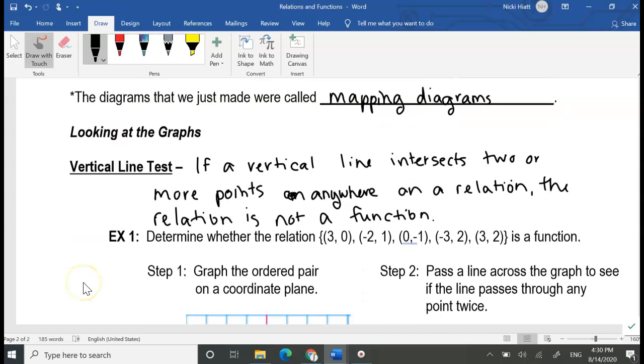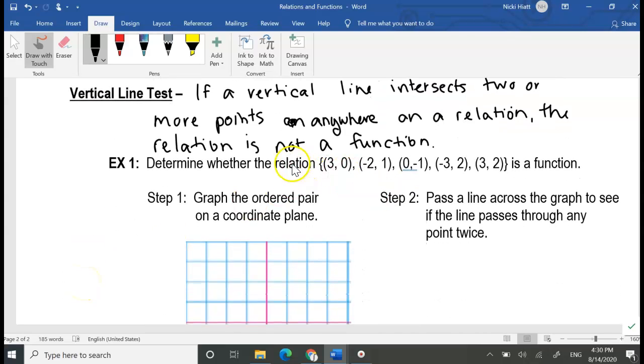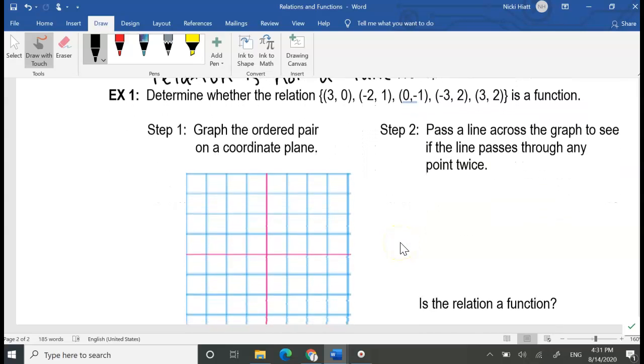So if we look at this list right here, now you might prefer to make a mapping diagram. You may just go ahead and look through the list here and see that, right here, 3, 0 and 3, 2 are both in the list, so that x is repeated, so this is probably not going to be a function. But we could also look at the graph.